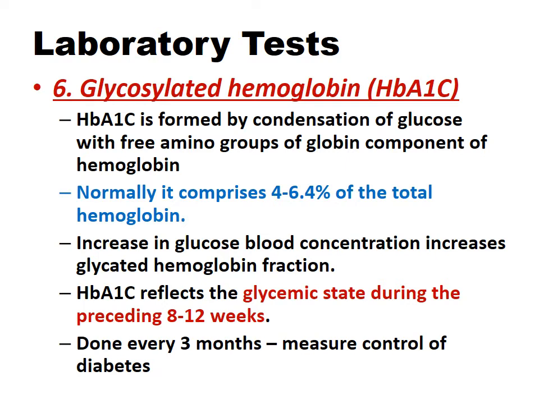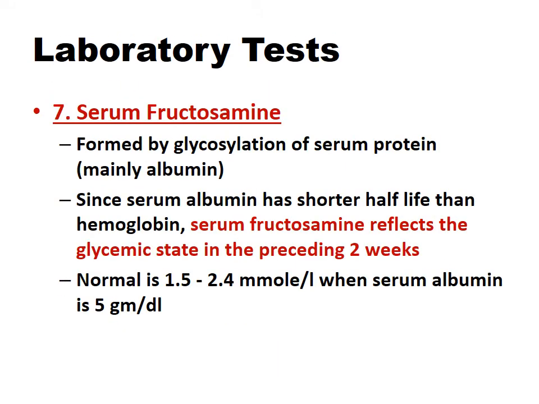Done every 3 months, it measures the control of diabetes because it represents the glycemic state during the preceding 12 weeks or so. Serum fructosamine: this test is rarely used nowadays, and normally it should be between 1.5 to 2.4 millimole per liter.